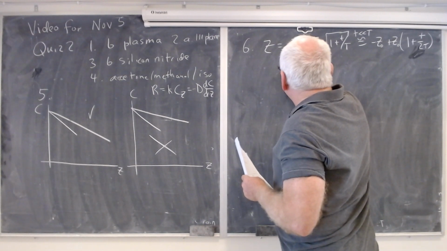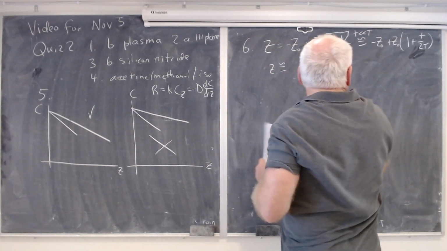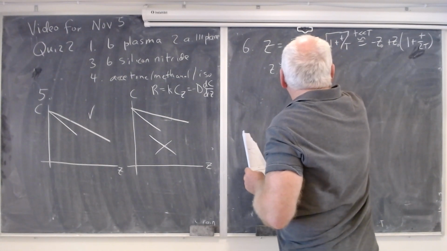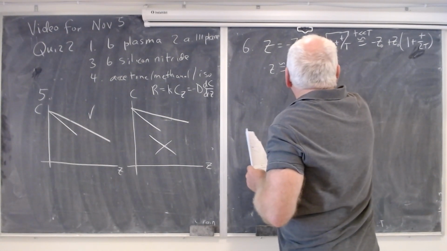So Z is approximately equal to, the Z naughts cancel, Z naught t over 2T.